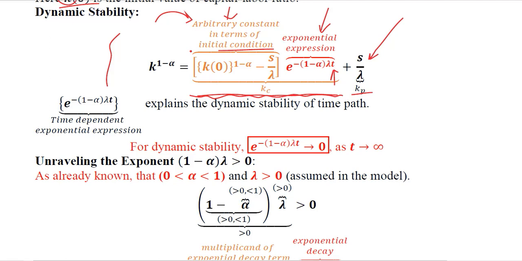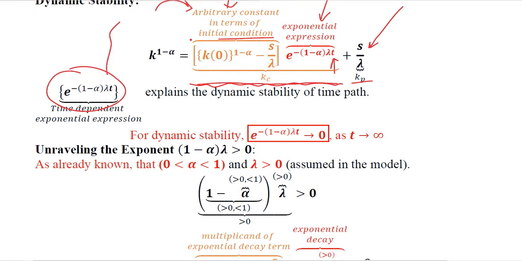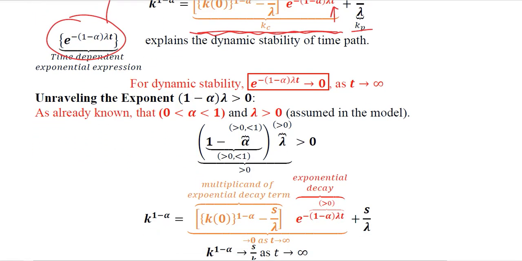Another thing that we need to understand here is the sign of the exponent. 1 minus alpha has to be understood, because this is going to give rise to the final answer. So this is the exponent beside t, and we need to understand it. We know about lambda. It is the rate of growth of labor, and it is definitely positive, and alpha is between 0 and 1.